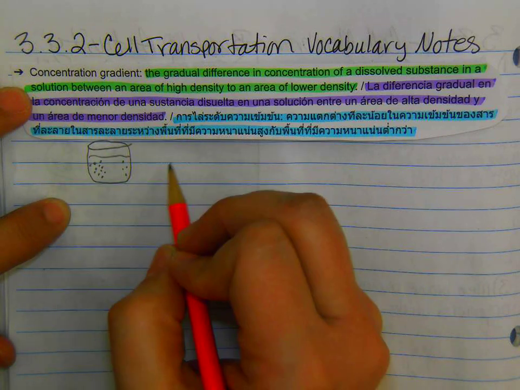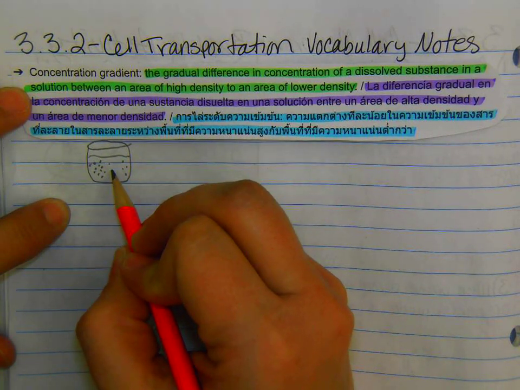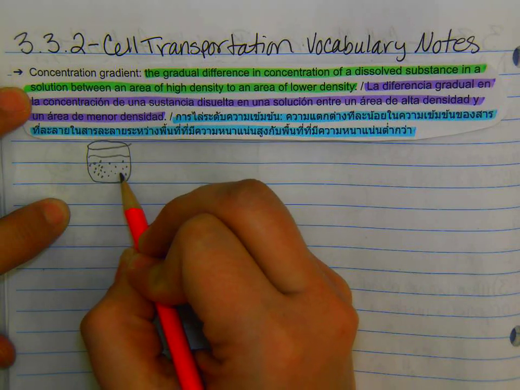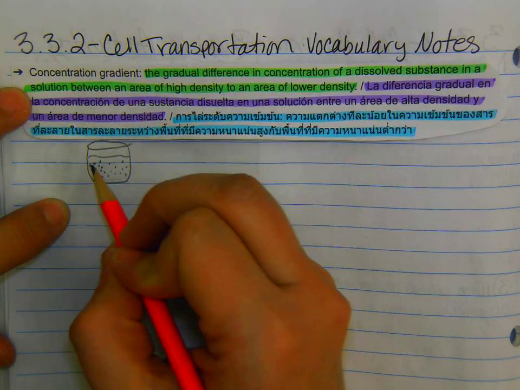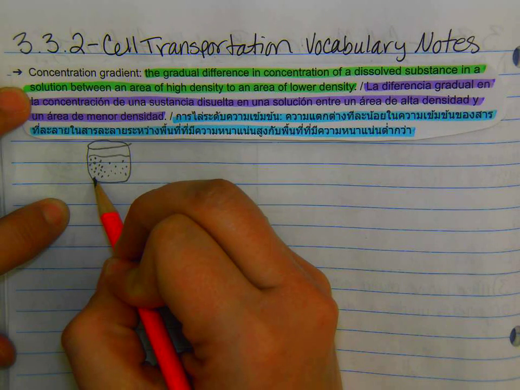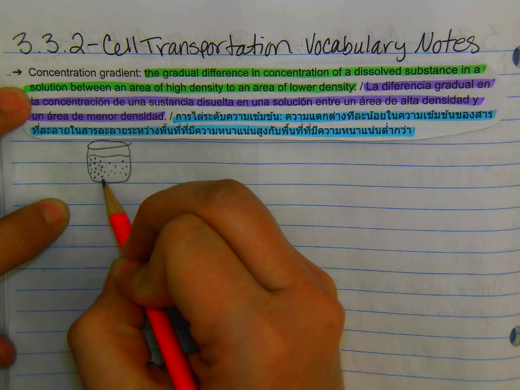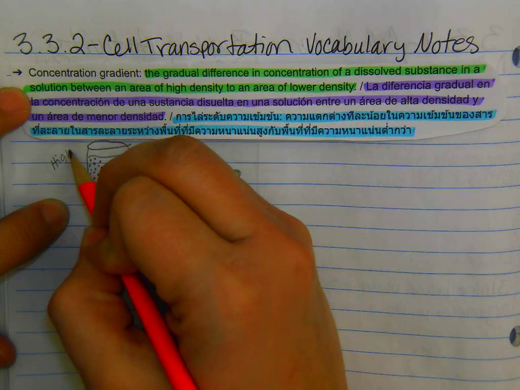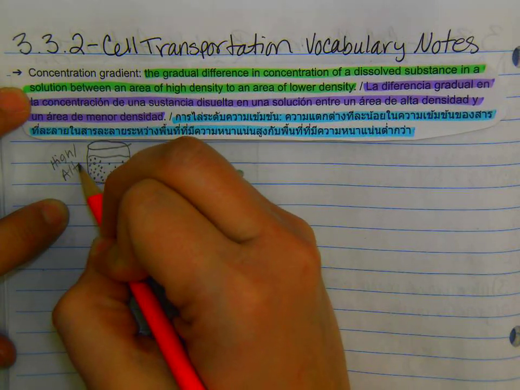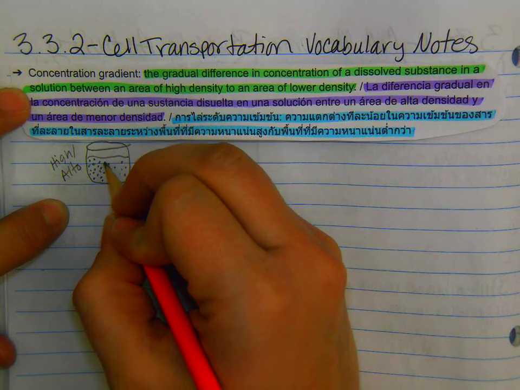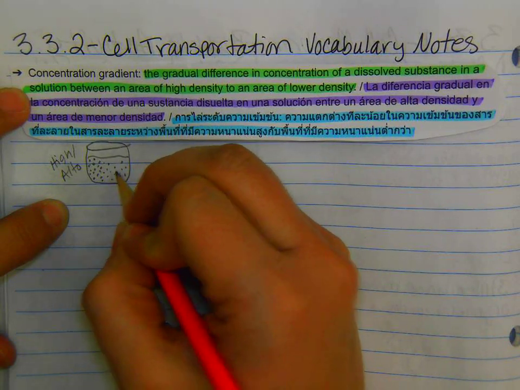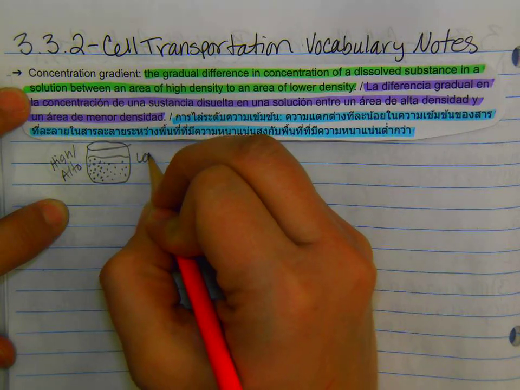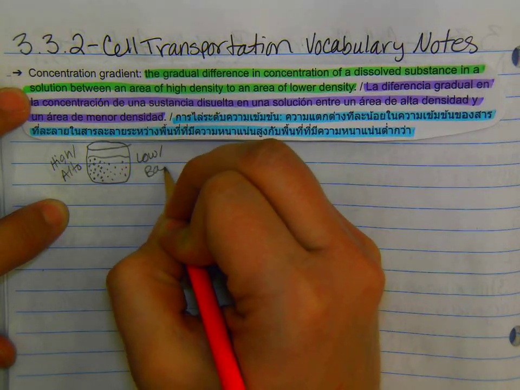And these particles will slowly move towards. So by the time we're done drawing, we should have a bunch of dots on our left side to show our high concentration, and just a few dots with a medium amount in the middle. So we have our high concentration and our low concentration.